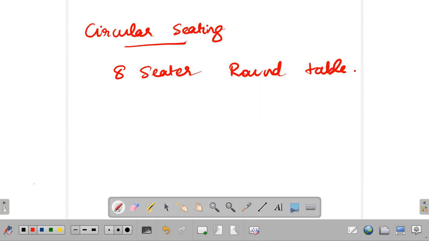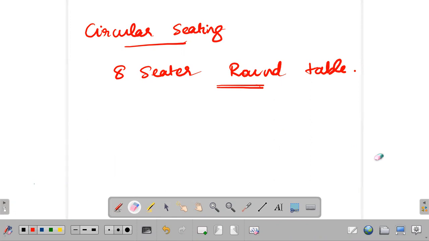I'm asking you to draw how it will look like. Like linear seating arrangement, I asked you to consider like this, no? So same way, I want you all to consider an 8-seater round table. I will give you some 10 seconds time. Please complete drawing an 8-seater round table.